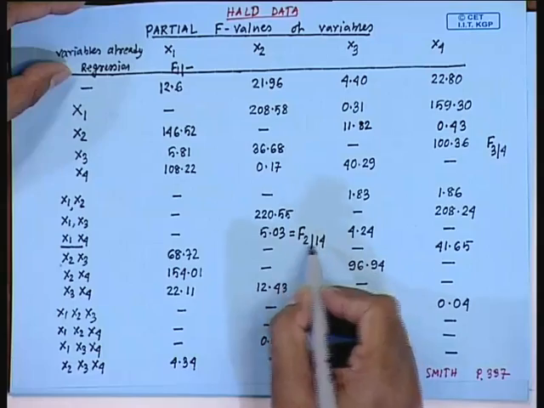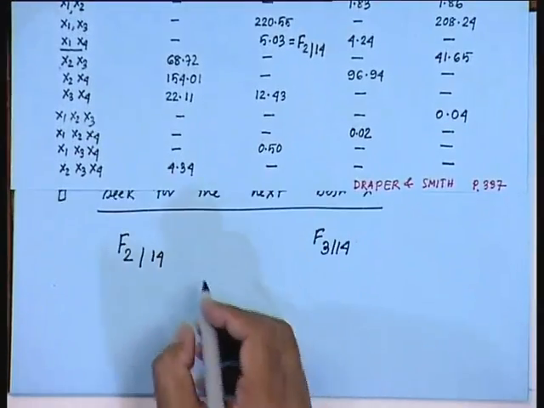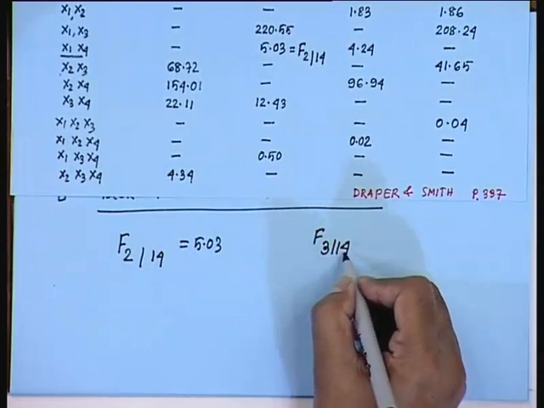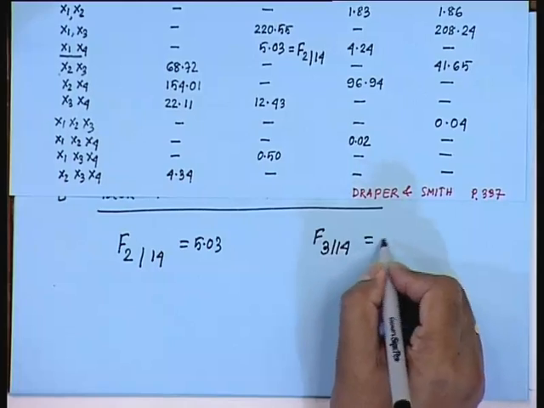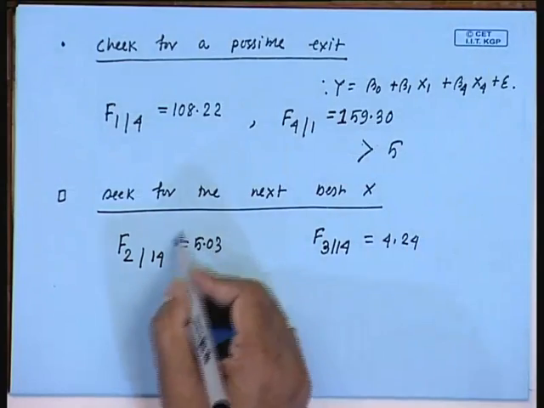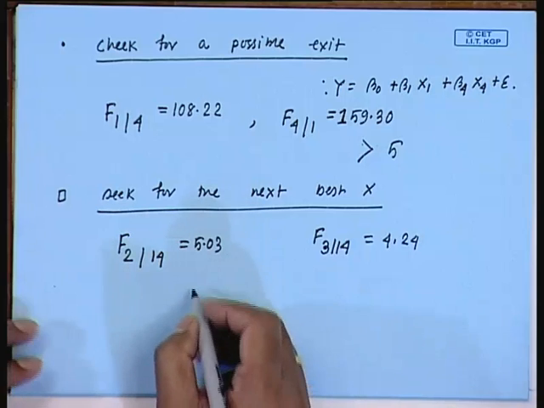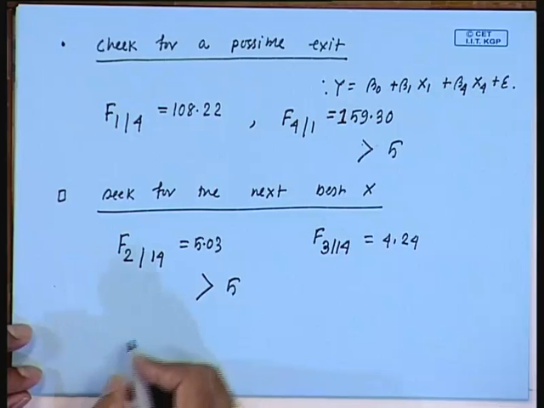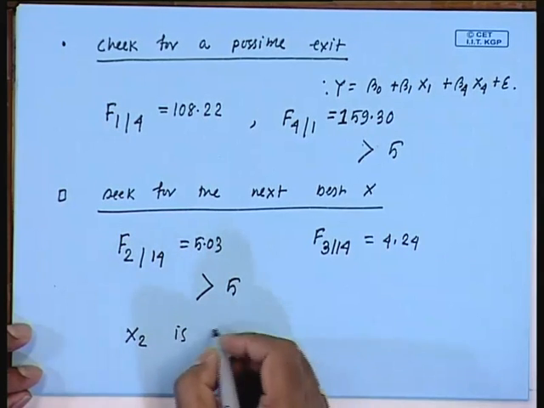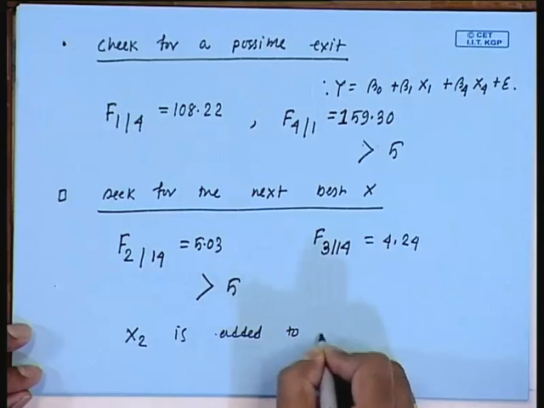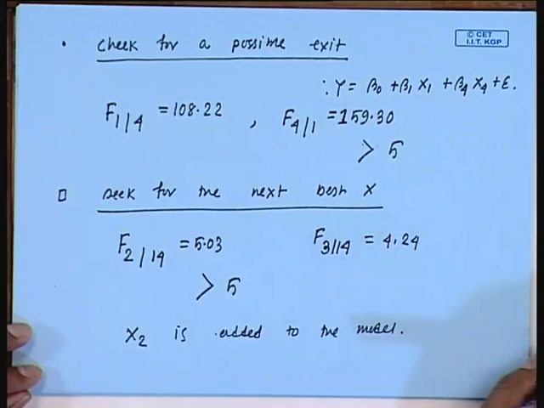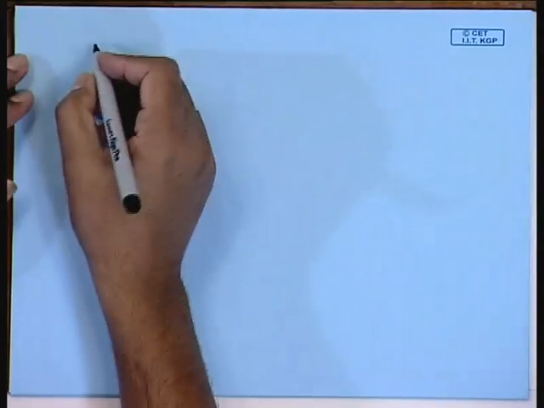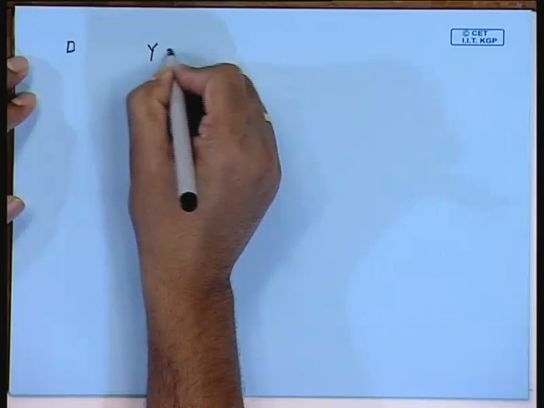So, F2 given 1 4 is 5.03 and F3 given 1 4 is 4.24 and this one is the highest partial value, and also this one is greater than the threshold value 5. So, x2 is added to the model.